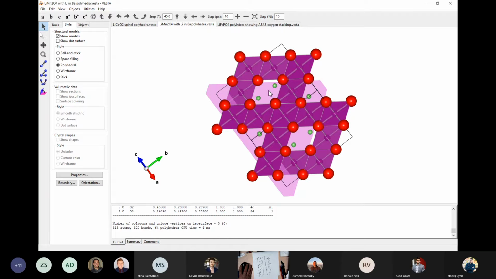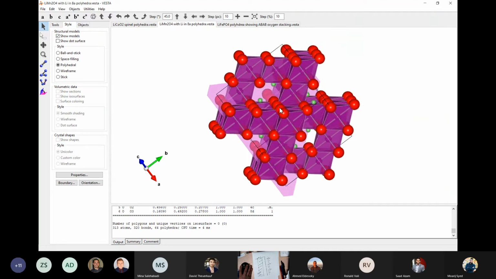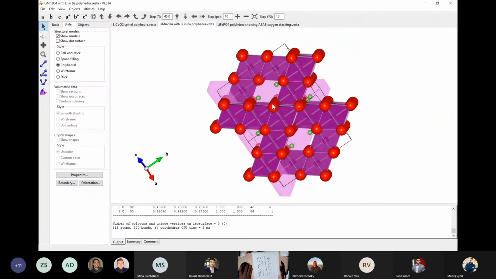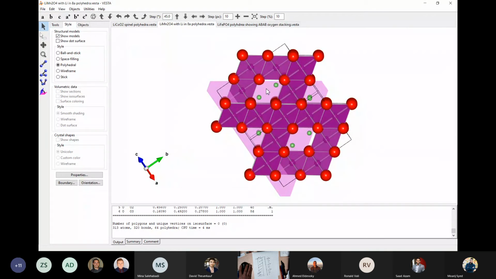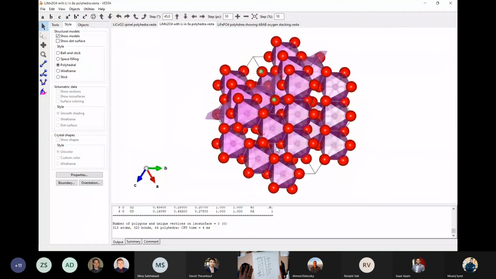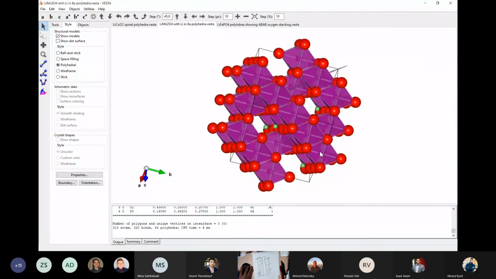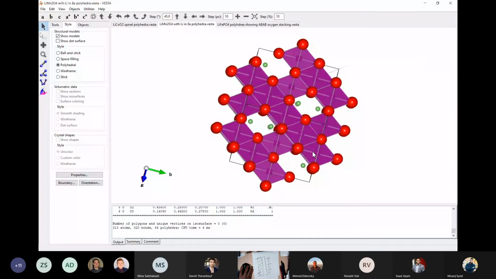It's pretty cool. And if you take all the lithium out of this material, these tunnels are completely empty, as you might expect. And you can take all the lithium out, and the tunnels do become completely empty.